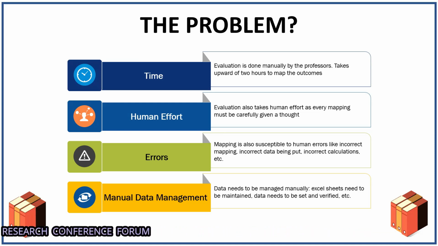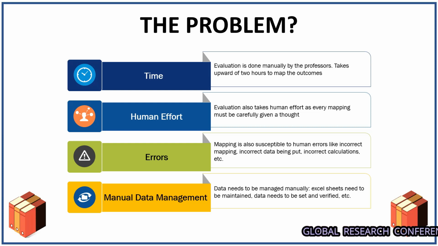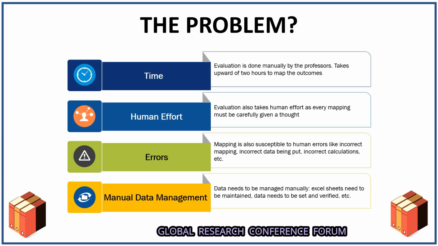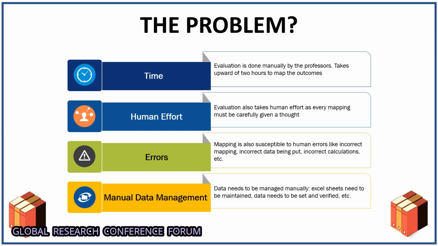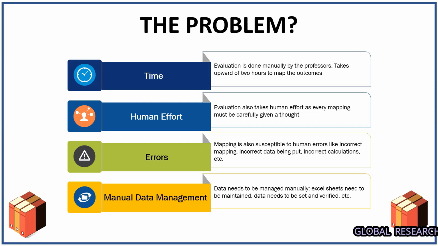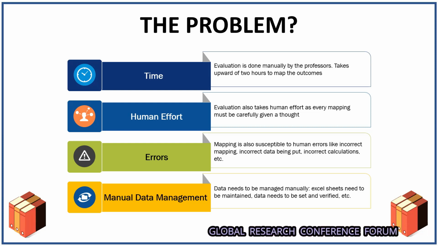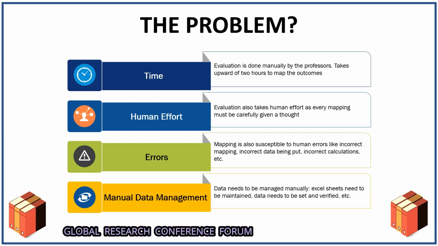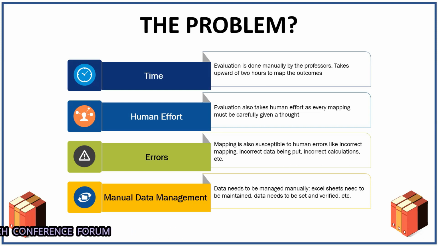I may find hidden connections, or I may miss connections. Sometimes I may say that yes, these outcomes are mapped to these indicators, and sometimes I may say that no, these outcomes are not mapped. So there's a general problem of inconsistency in all the mappings based on professors, educators, evaluators, and all.